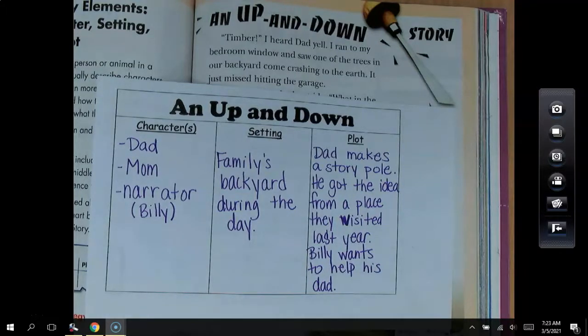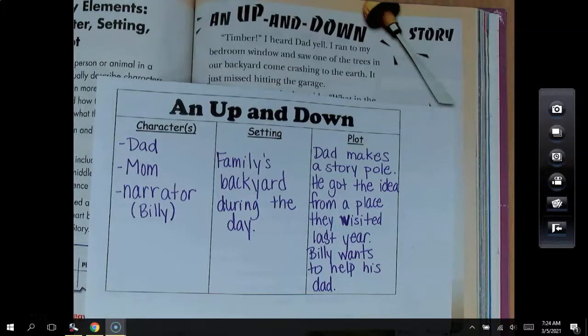And the plot: what happened at the beginning, the middle, and the end. Dad starts making that story pole, he cuts down that tree, he got the idea from a place they visited last year, and Billy wants to help his dad make that story pole.